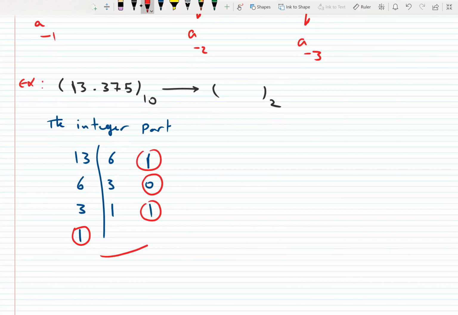Okay, so we learned to convert some numbers. What if we want to convert a number from base m to base n, where none of them is base 10? So from base 2 to base 5, what should we do?